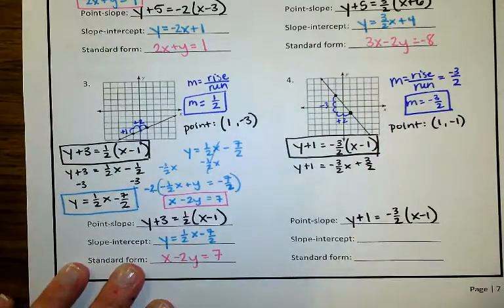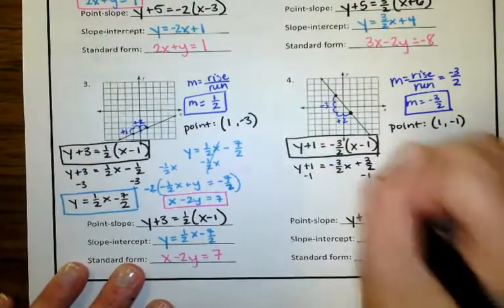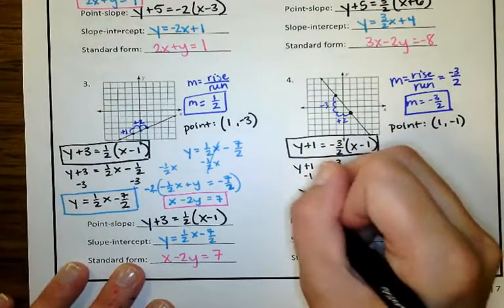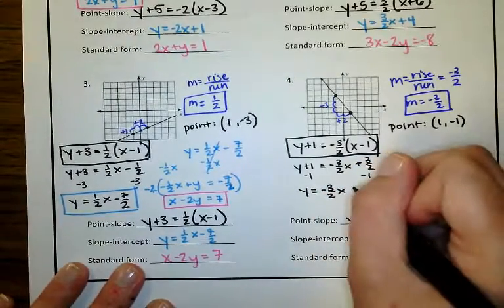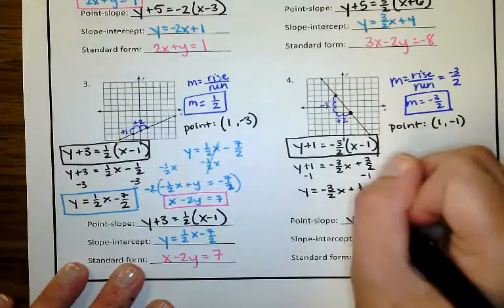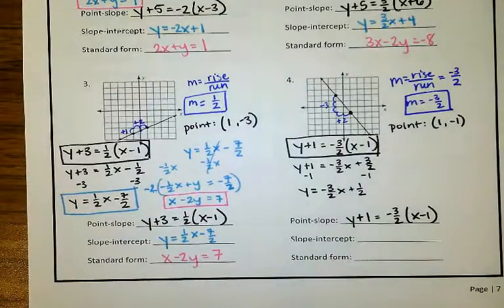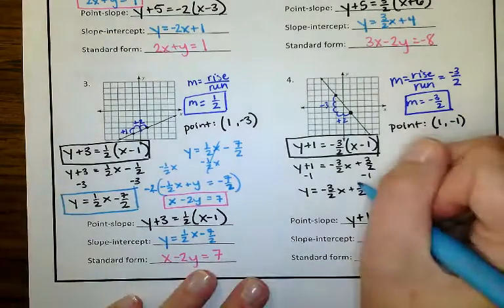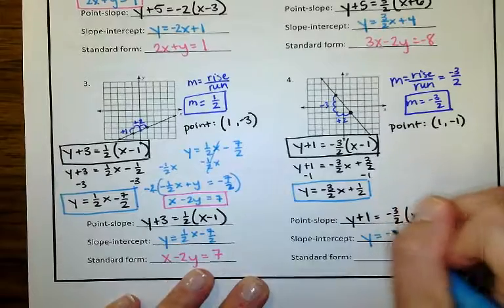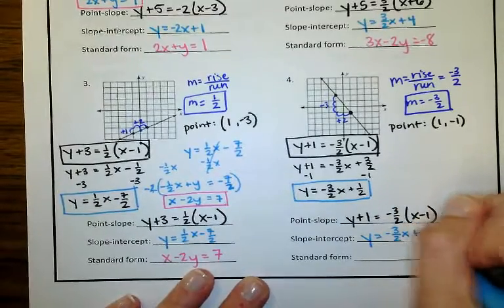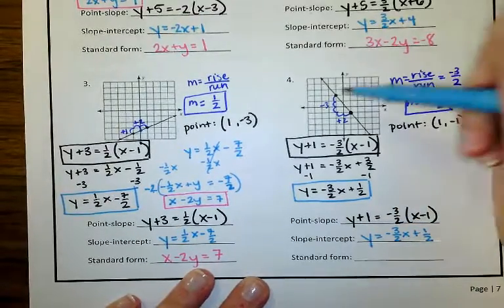So that becomes negative 3/2 x plus just 1/2, or 0.5. So this right here is my slope-intercept form. Y equals negative 3/2 x plus 1/2. And we look here, and that tracks, doesn't it? That looks like our y-intercept is about a 1/2, so that tracks.